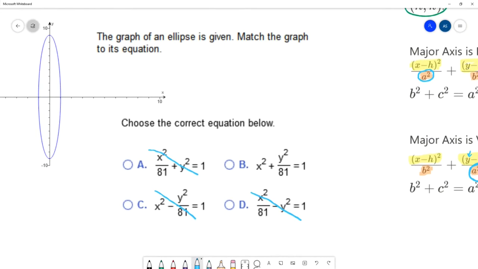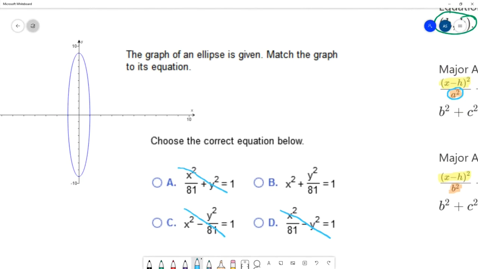Now, if we want to get into details, you can see here that the center is at 0, 0. And then if we go to the vertices here, those are at -9 and 9. So you can see that A is equal to 9, and that's why 81 is used in the equation. I haven't mentioned B yet.